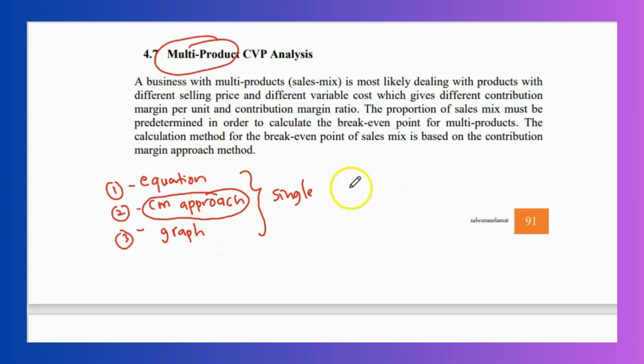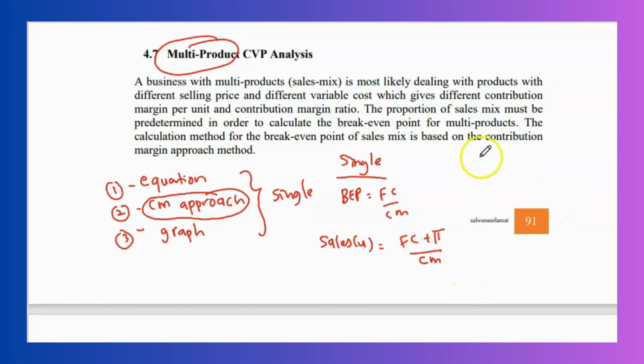For the CM approach, if you have a single product, the formula for break-even point is equal to FC divided by CM. If you want to compute the sales units for a target profit, you just modify the formula: FC plus profit, divided by CM.